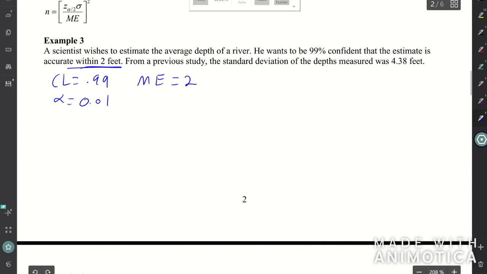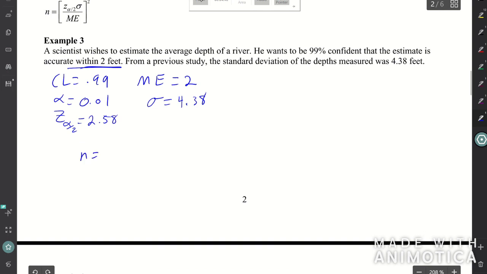And the standard deviation from a previous study is going to indicate that they are treating that like sigma. So we have almost all the information we need, except we do need a Z alpha, and we always do the Z alpha divided by 2. And in this case, we're looking at about 2.58 if you round.